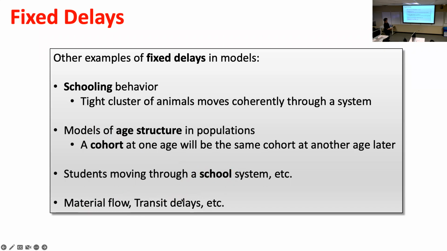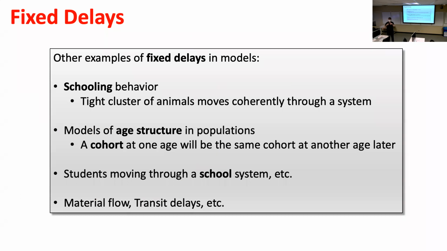And then material flow, transit delays. Whenever you've got a bunch of things at point A, that sometime later all of those things will be at point B, and new things will be at point A, then that matches the fixed delay model. It's not a fixed delay if some individuals at point A get to go to point B, while other individuals at point A have to hang back, and vice versa.